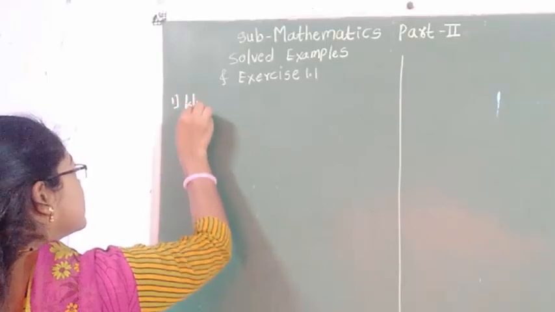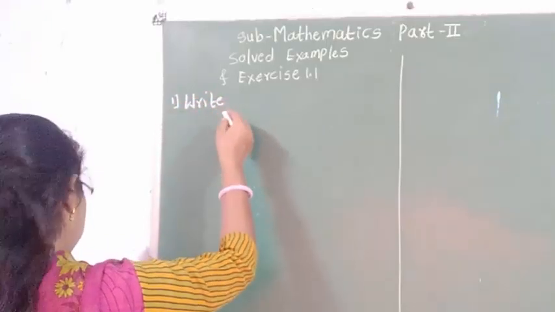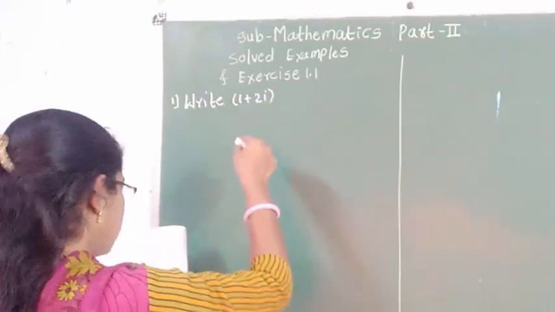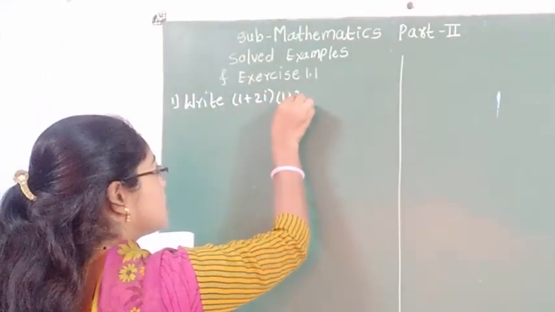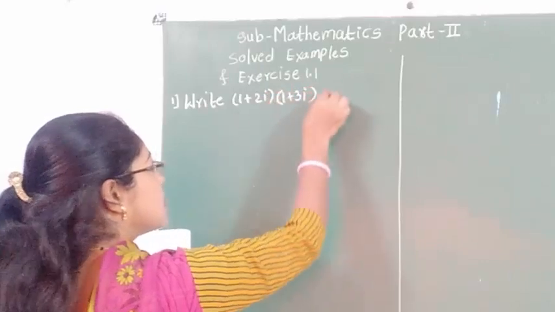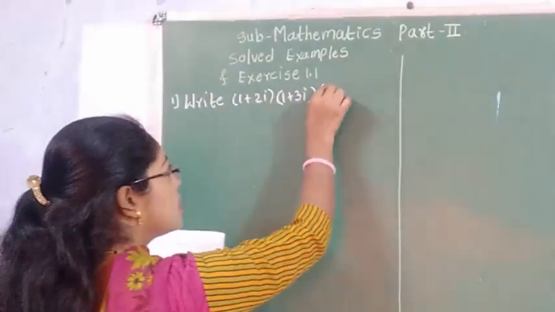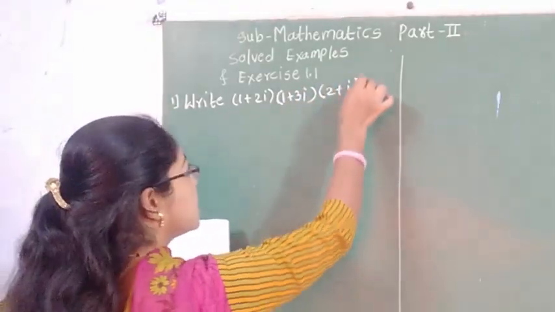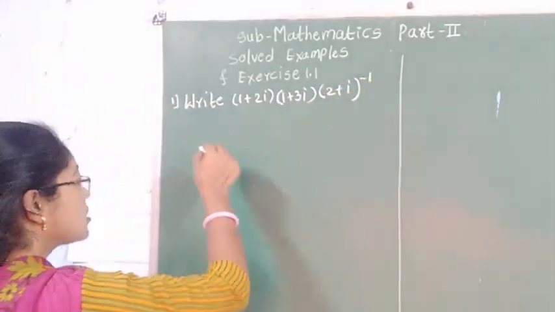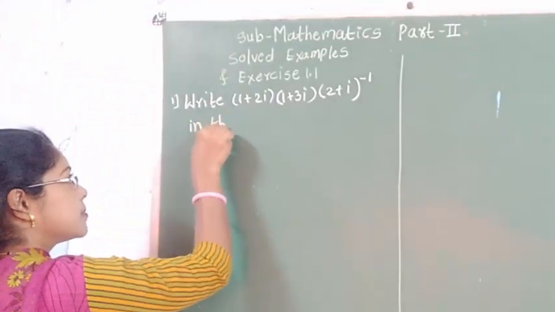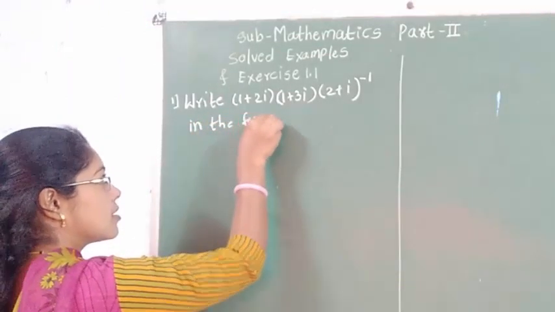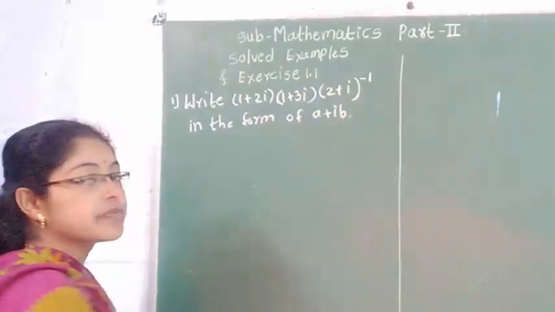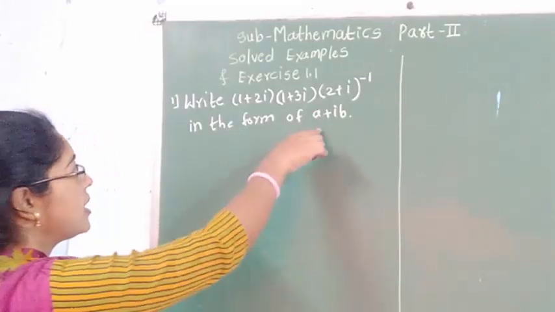Write (1 plus 2i) into (1 plus 3i) into (2 plus i) raised to minus 1 in the form of a plus ib.